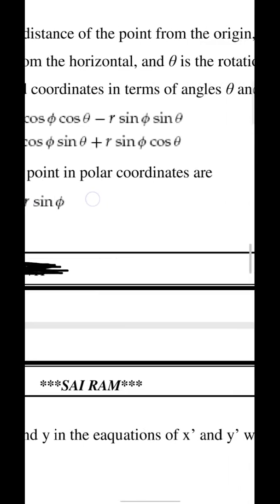Now go through the statement. We can express the transformed coordinates in terms of angles theta and phi as follows. One is theta and the other one is phi. What is phi? Phi is the initial displacement value.